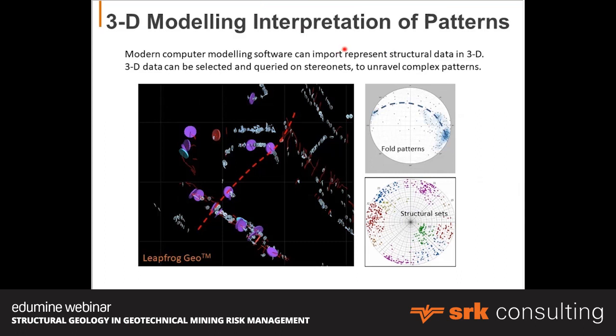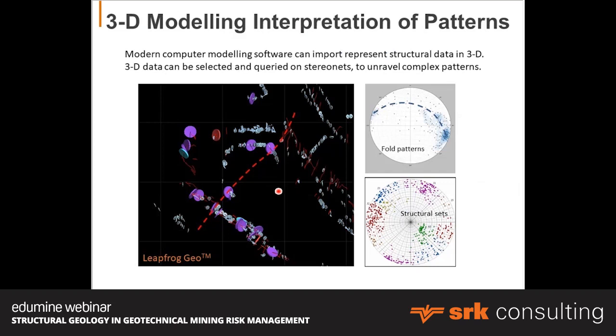An important process these days of interpreting your patterns is through importing the data from underground and combining that with the observations of the patterns that you've seen in the mine drifts or in the open pit, and interpreting those patterns on a larger scale. This is a powerful new tool that we use in all our studies to understand the larger scale fault patterns.